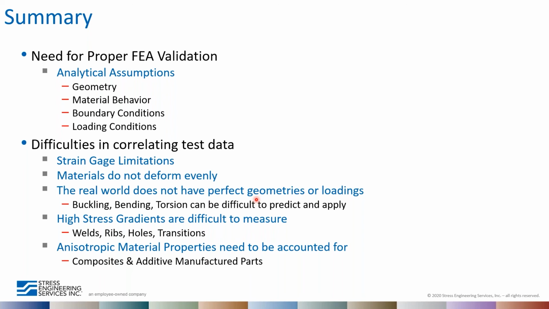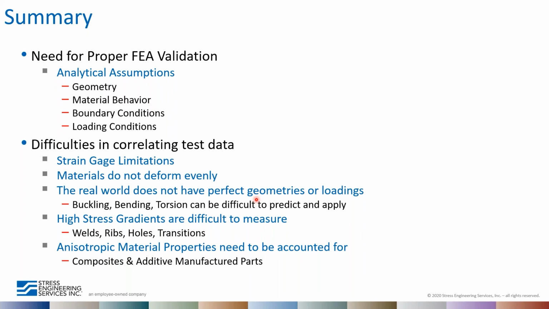There's assumptions about how materials behave and whether they do or do not have isotropic behavior. And this can be particularly important when looking at composite materials or new materials such as those that are used in additively manufactured components. We looked at the importance of boundary conditions and how they may or may not be representative of real world conditions, like that composite tube.